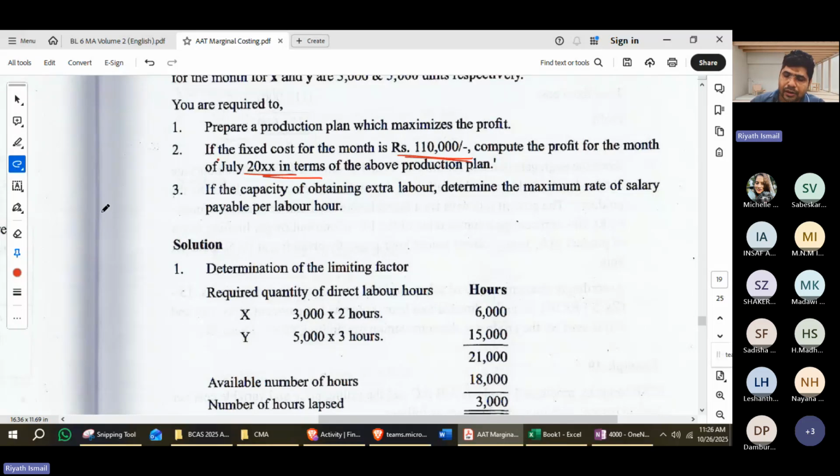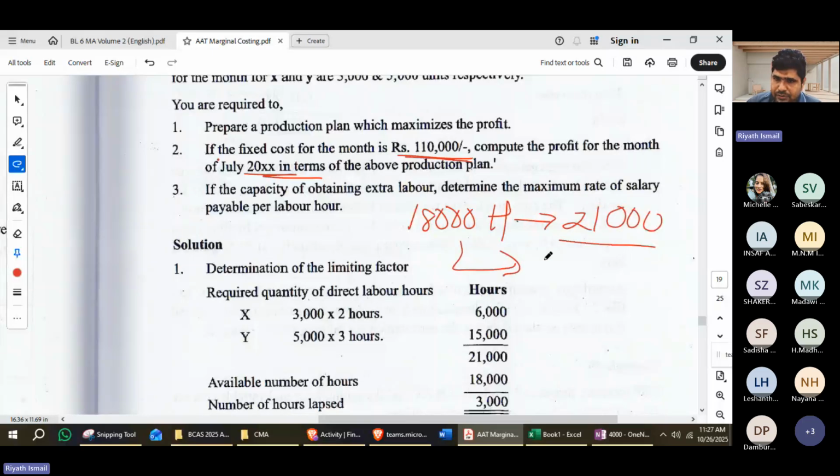So what is the question? Here we have 18,000 hours now, but we need 21,000 hours. We require 3,000 more hours. Shortage of 3,000 hours.